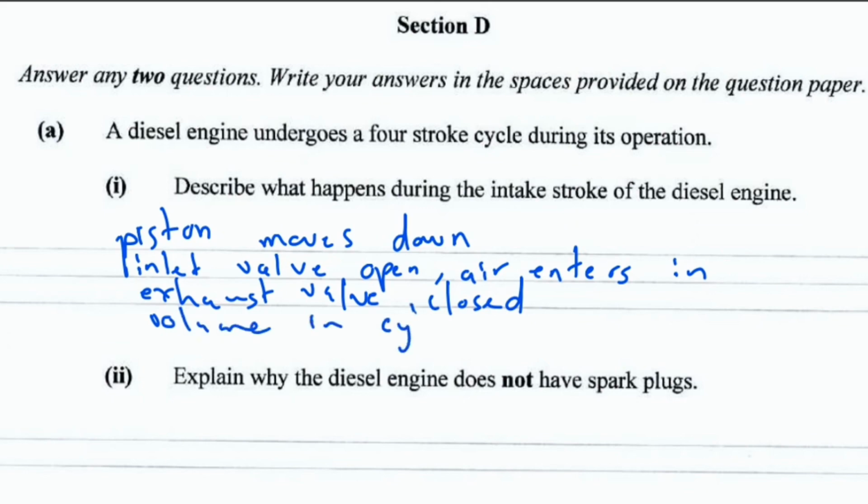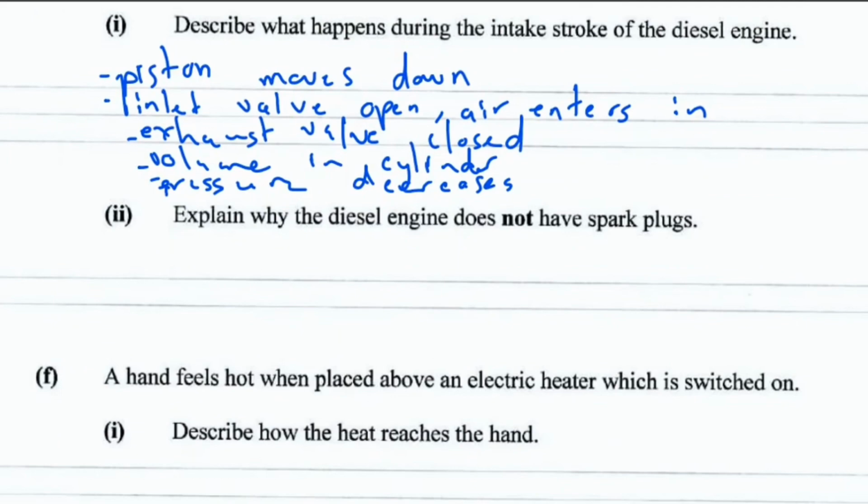You can just mention that the volume in the cylinder will increase because as the piston moves down, there will be more volume so that it can take as much air as it can. And then obviously the pressure decreases. So you should mention any three of these, but it would be okay if you write more. There is no harm in writing more because if you write more, they will only mark and they'll give you the total marks.